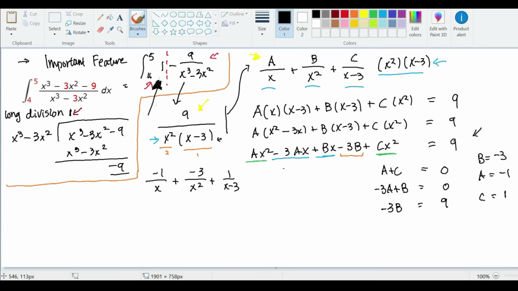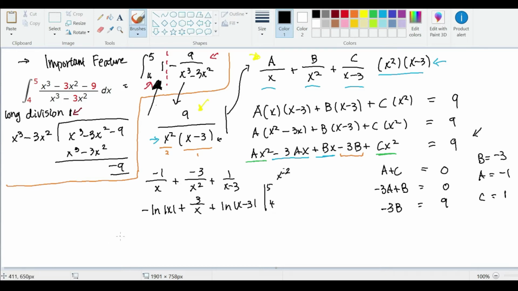So it will be negative ln x, right? Am I doing this right? I'm a little scared. I think so. If I make a mistake again, excuse me. Then x minus ln of 9, and because it's x to the negative 2, if we integrate it, it will be negative x to the negative 1, so it will become positive 3 over x, plus ln of x minus 3, evaluated from 4 to 5.